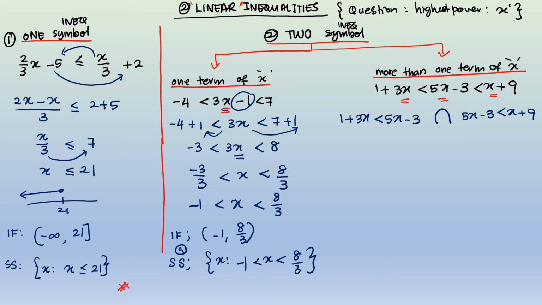Guys, please be alert to this one. It is compulsory to write the symbol 'and' here, because the original question is combined, but you want to divide it into two parts, so you must put the symbol 'and' here.